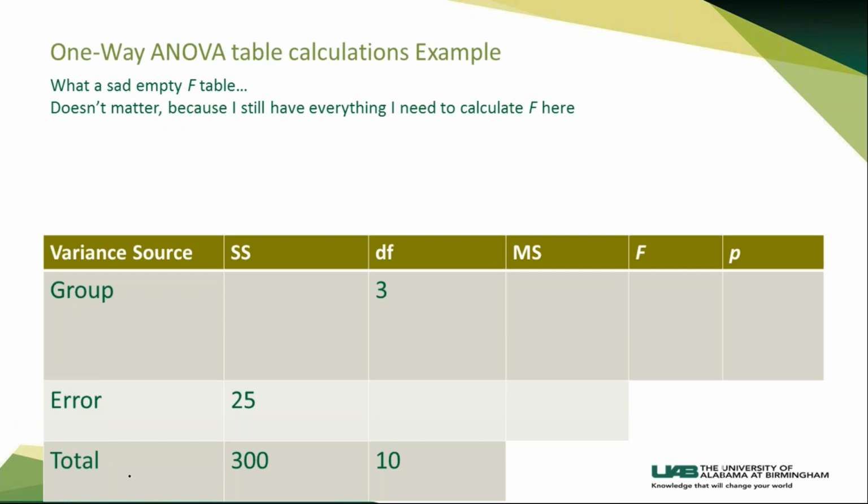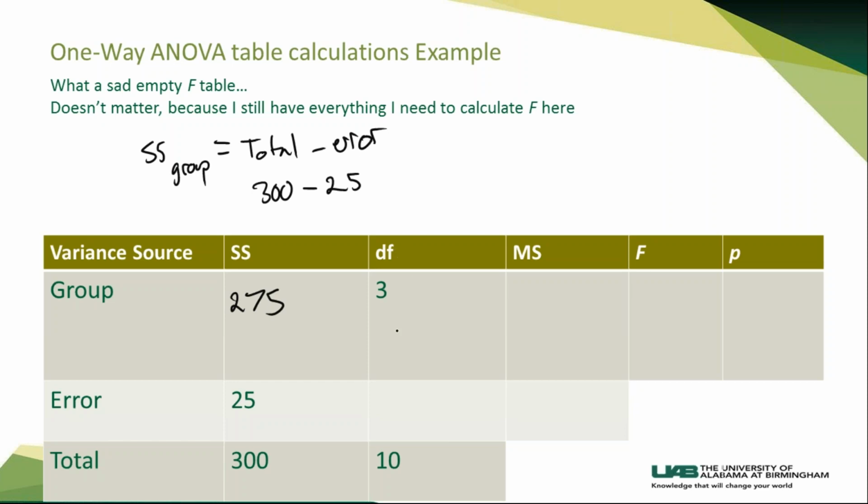I know that the sums of squares group is simply going to be total minus error. So 300 minus 25 should give me 275.